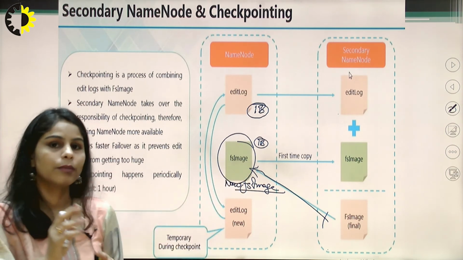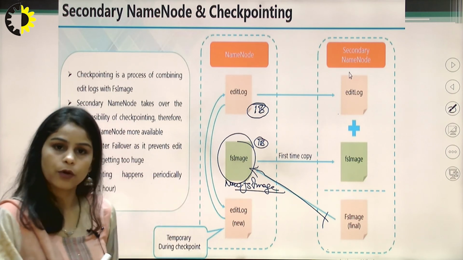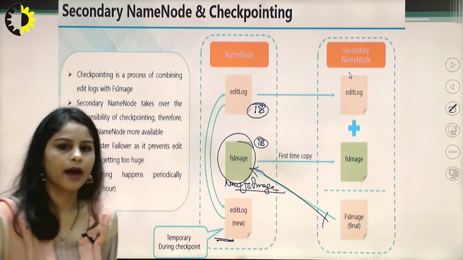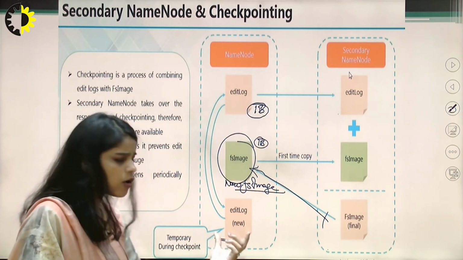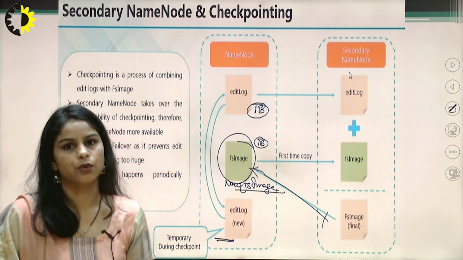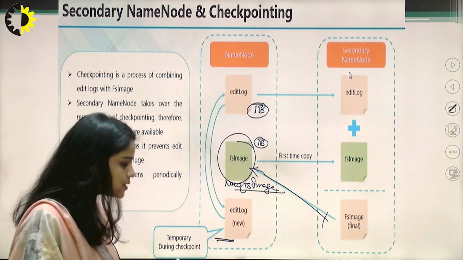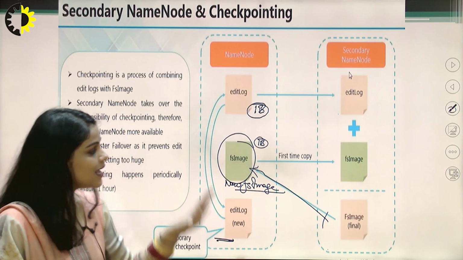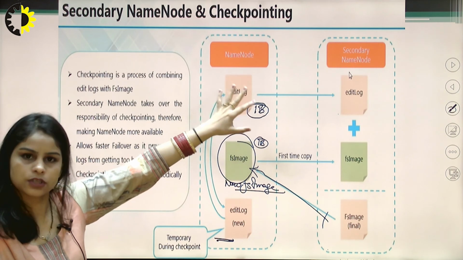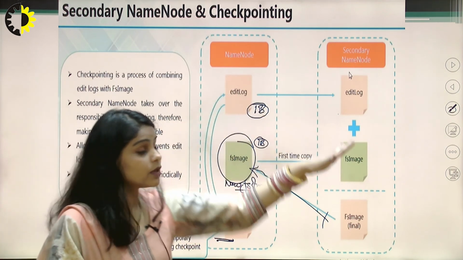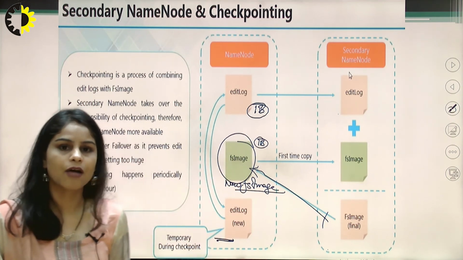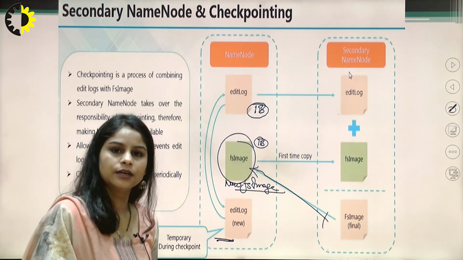Now, while performing this entire process, which is known as check pointing, in the background we are keeping an edit log copy as well. This edit log copy is temporary while the checkpoint process is going on. Why are we making this temporary copy of edit log? Because in between, while performing the check pointing process, if any of the changes are lost in edit log, or let's say the name node stops working, we can have a backup of this edit log.